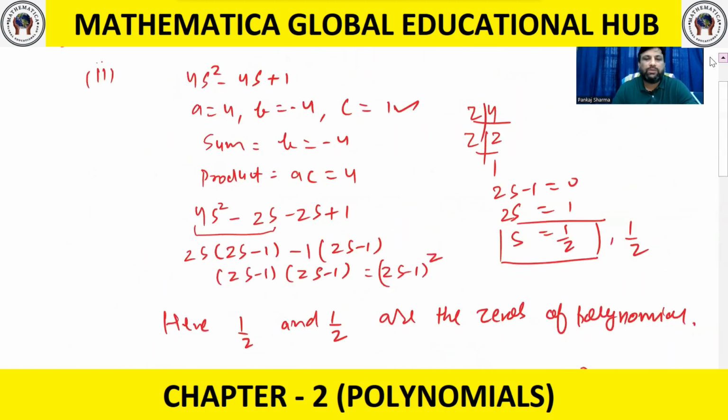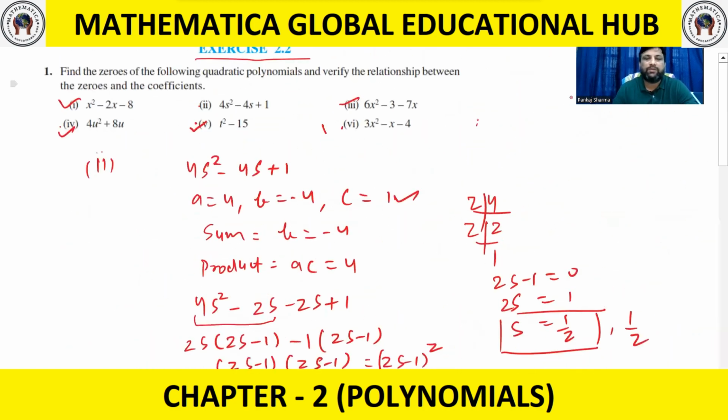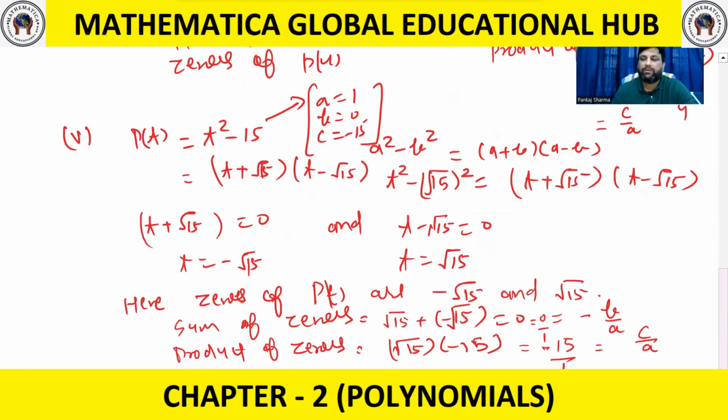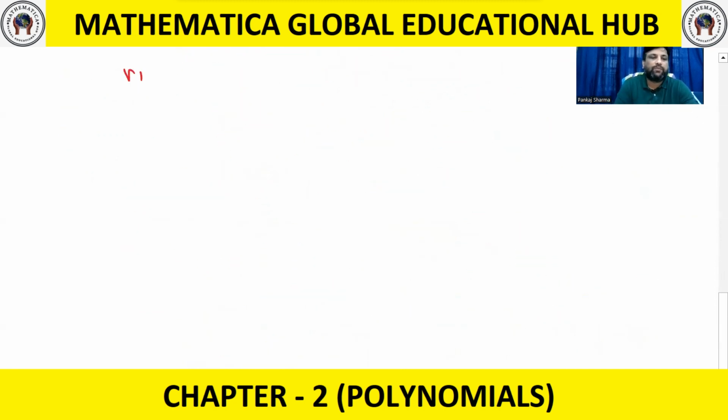Now I think one more question is remaining. Question number 6: 3x square minus x minus 4. So here a is 3, b is minus 1 and c is minus 4.